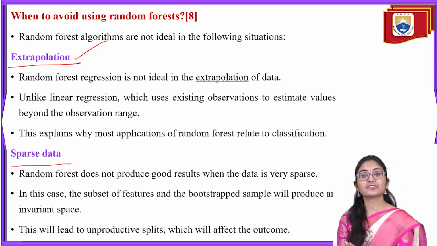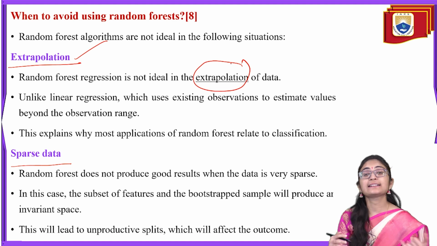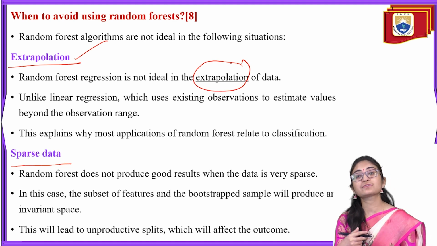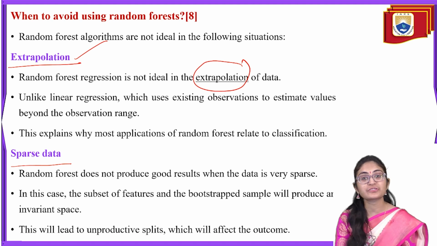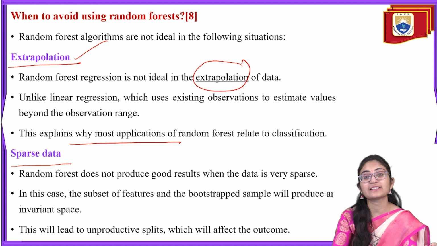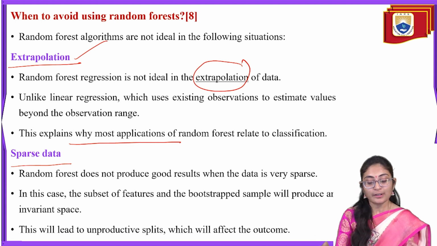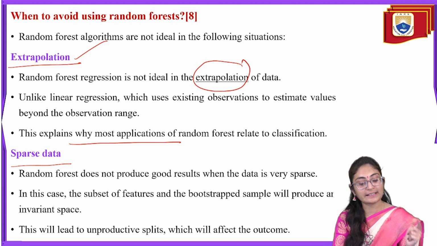Random forest regression is not ideal for extrapolation of the data, unlike linear regression, which uses the existing observations for estimating values beyond the observation range. And this explains why most applications of random forest relate to classification. You know that random forest is totally related to classification and regression methods.